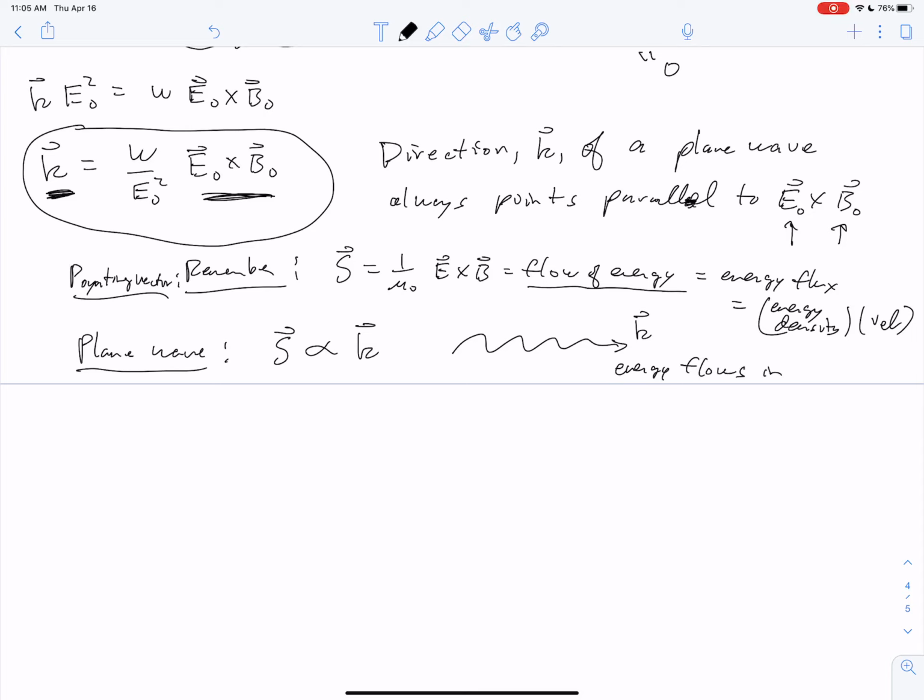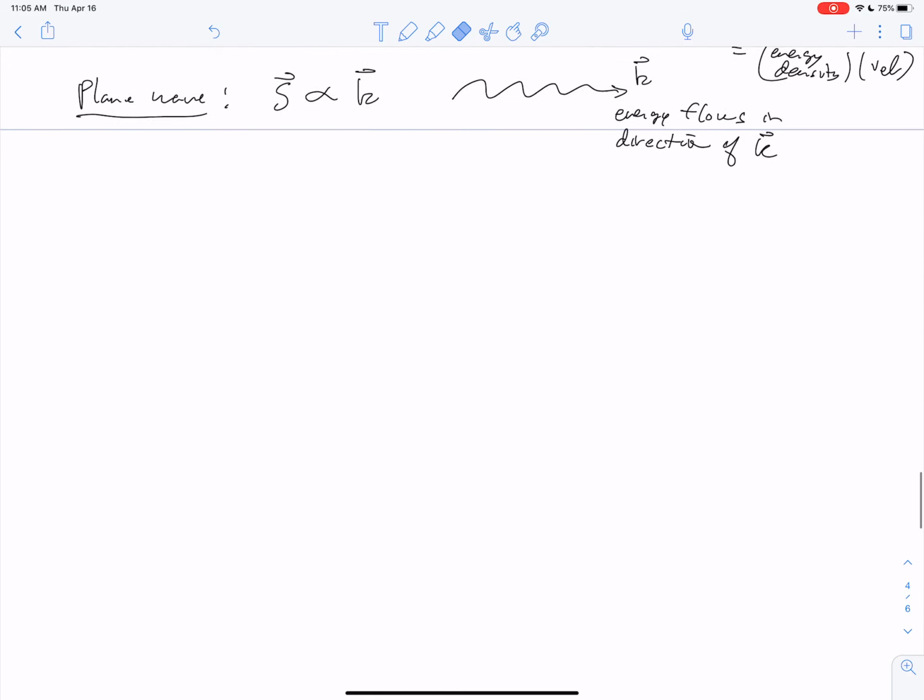Energy flows in the direction of K. And that should be very intuitive and logical. So if a plane wave is moving in some direction, then the energy is also flowing in that direction. So that's why I think this is a really nice relationship to try to understand.